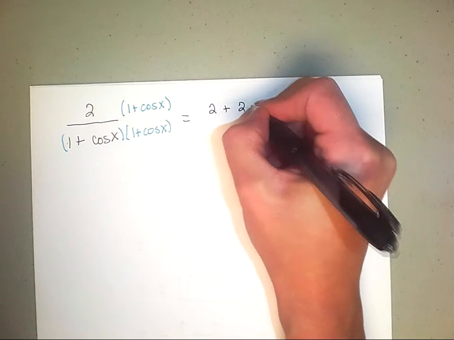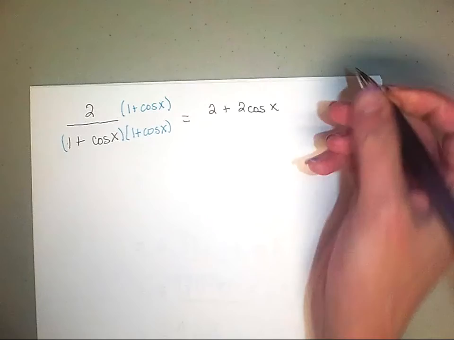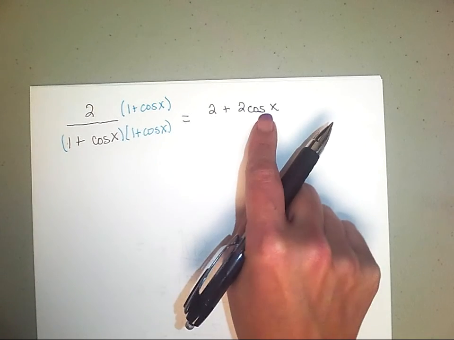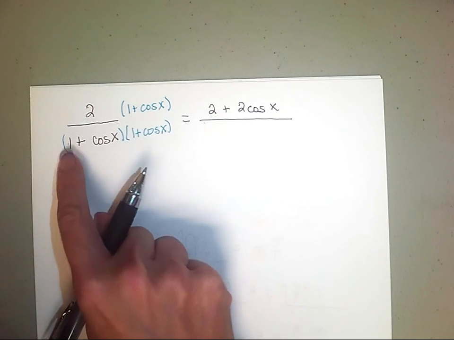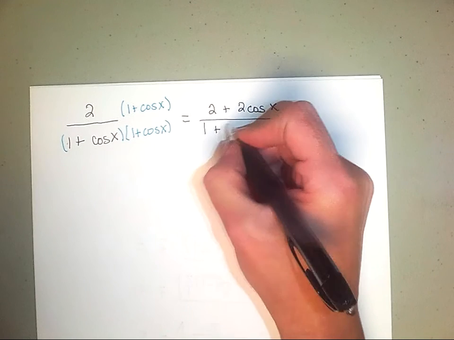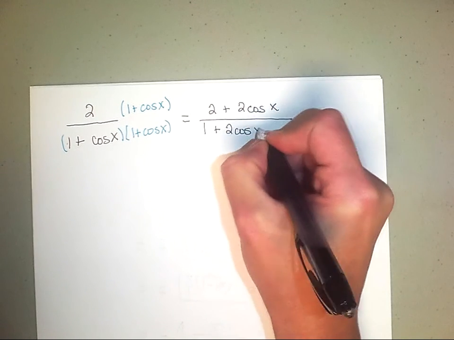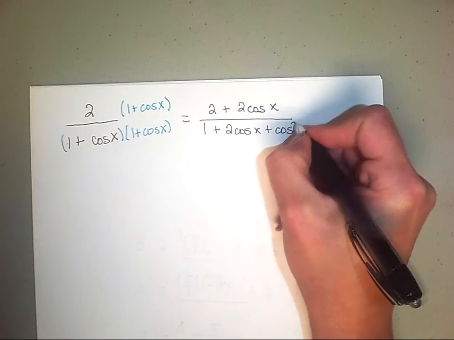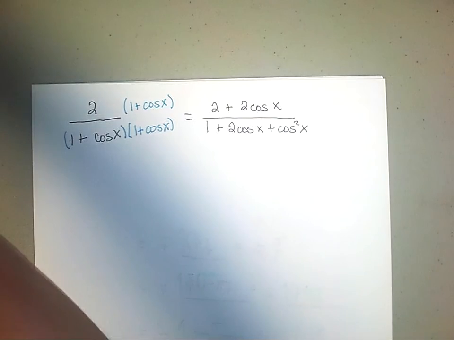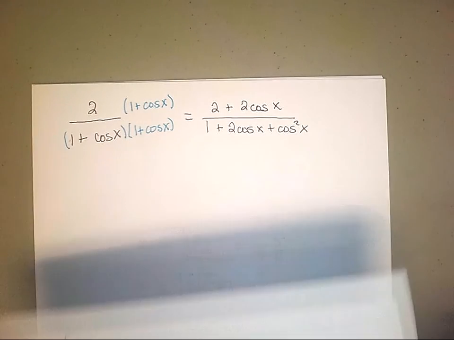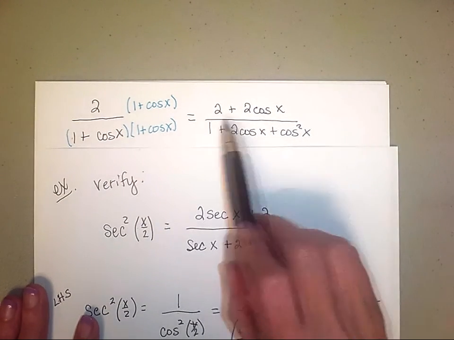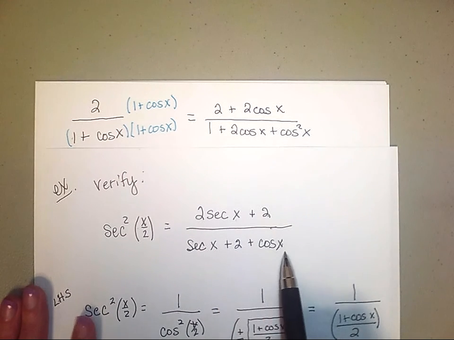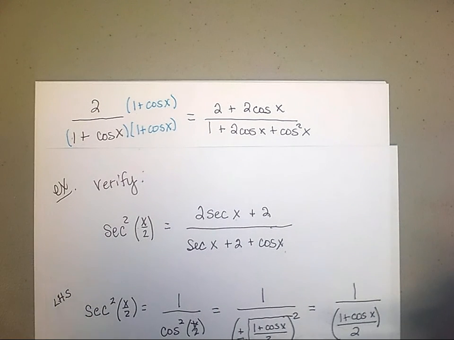So here up top I'll get the 2 plus 2 cosine of x, which is good. I have the 2's. Again, this isn't a secant, but we're getting there. And then when I multiply this out, I get 1 plus 2 cosines of x plus cosine squared of x. And I'm a bit happier about that, because at least I have 3 terms, and this has 3 terms.